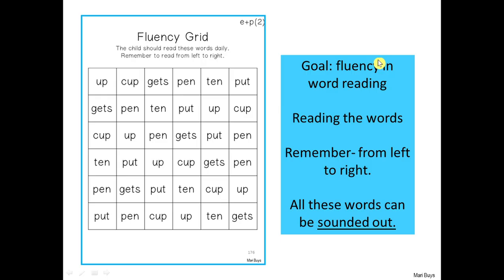Right, then the fluency grid. So on the fluency grid you have your spelling words, and we also read the spelling words because reading and spelling go hand in hand. So this one we would like them to read the words and not write them. Right, so it's the same 6 words that are repeated in a different sequence in each line, and it's just to practice sounding out and getting fluency up and running.